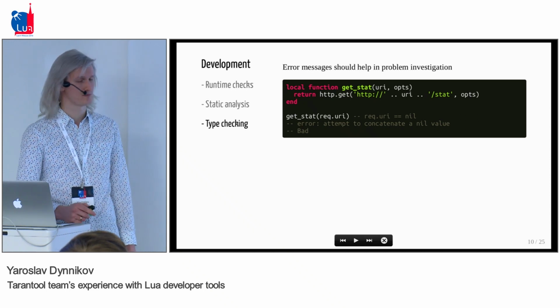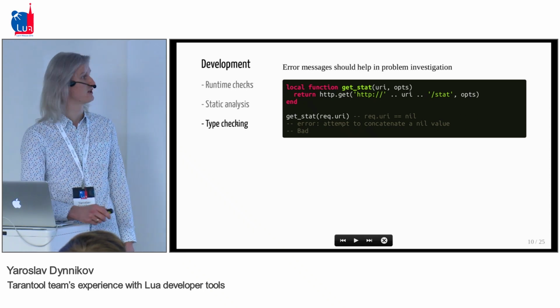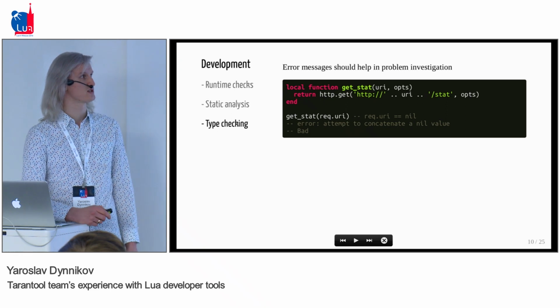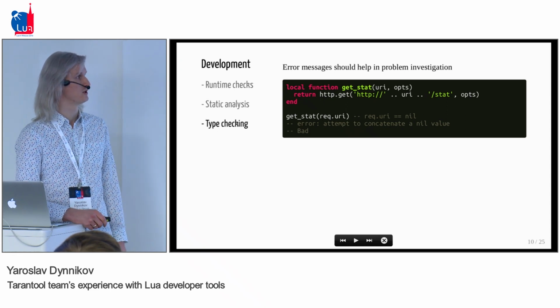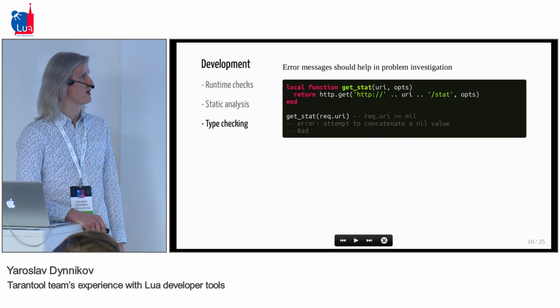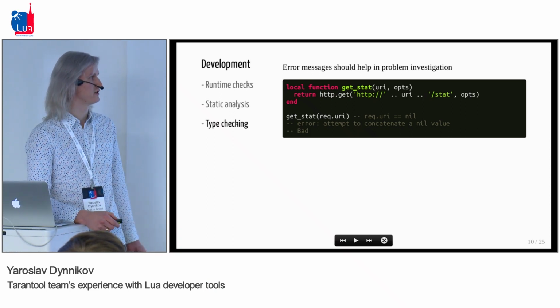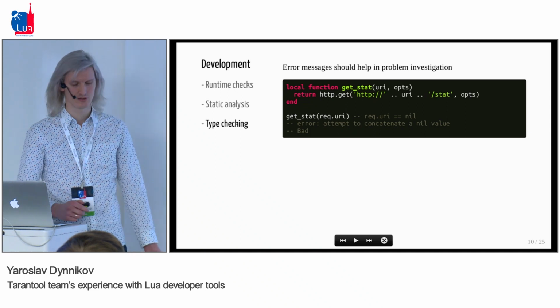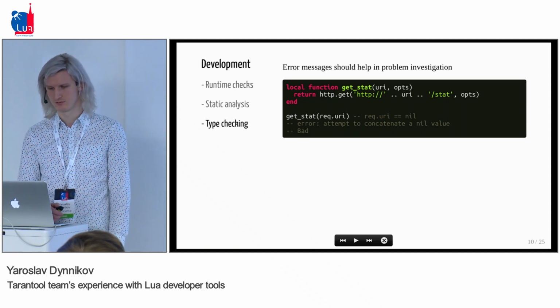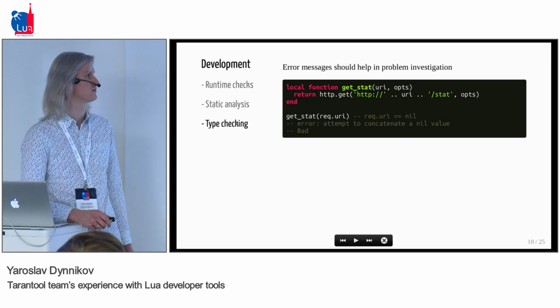Consider as an example the implementation of that getStat function. It accepts two parameters, URI and some options. And internally it just does an HTTP get to some other server.